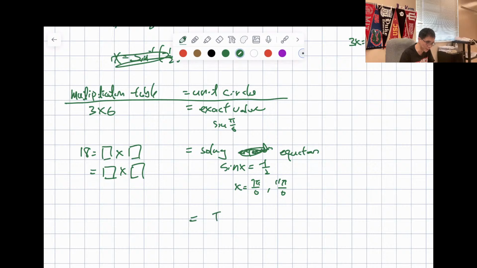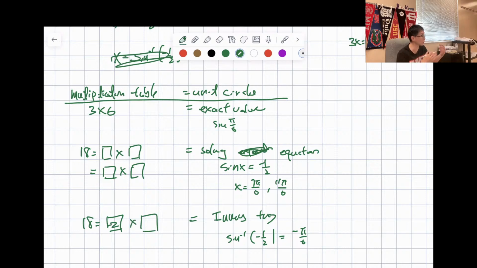Inverse trig is more like, okay, what's sine inverse of -1/2? You have to follow certain restrictions so that this is negative pi over 6 rather than 7 pi over 6 and 11 pi over 6. What that's saying is like 18 is equal to, this has to be -2 times which number is equal to 18.